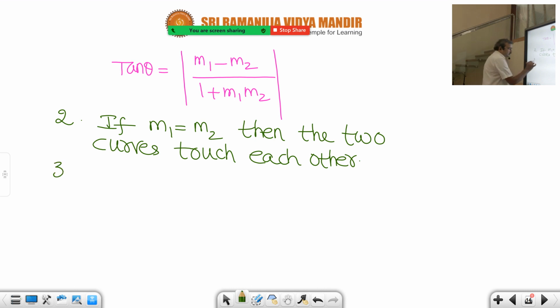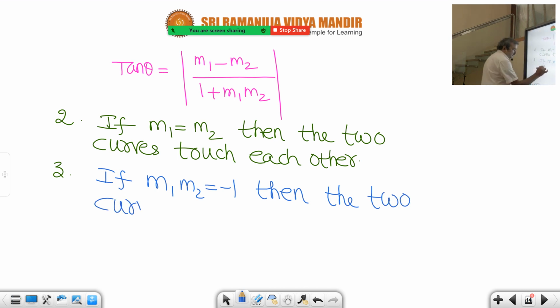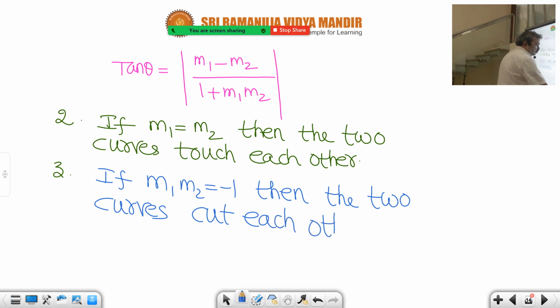Now, third one: if m1 m2 is equal to minus 1, then the two curves cut each other orthogonally.